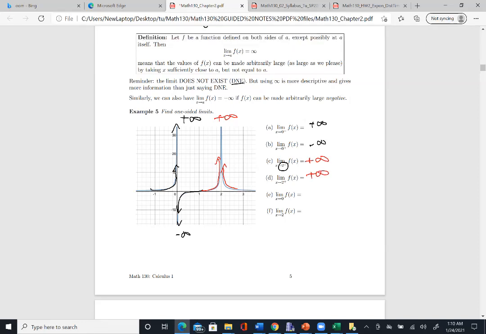Now for the limit of f(x) when x goes to 0, you can just say it does not exist. And for the limit of f(x) when x goes to 2, it's going to be positive infinity.